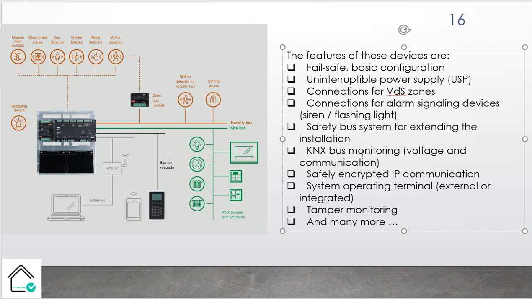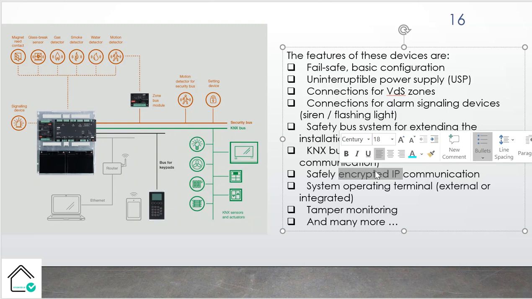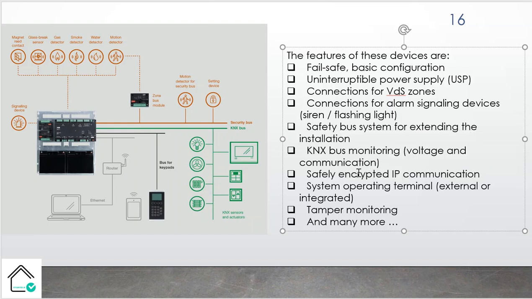KNX bus monitoring, voltage and communication. Safety encrypted IP communication. The IP communication is encrypted. Okay, so we eliminate the penetration to the system by this center. System operating terminal, external integrate. Tamper monitoring, it means if you open the panel, the micro switch is working, and many more.